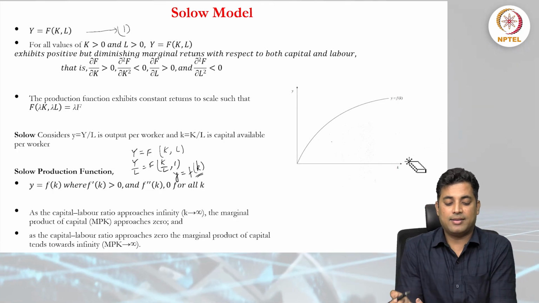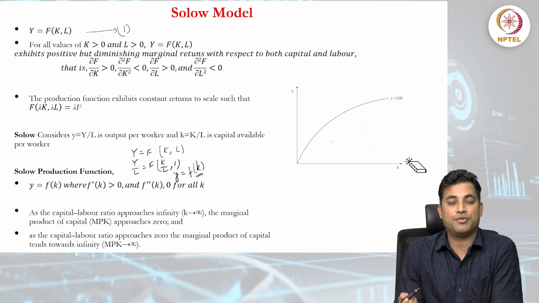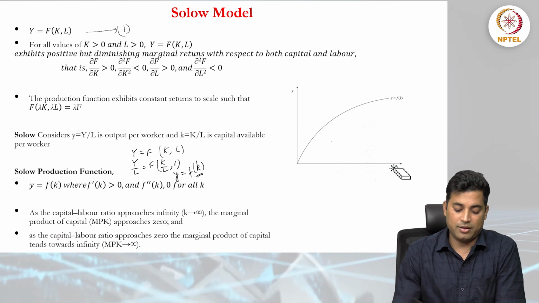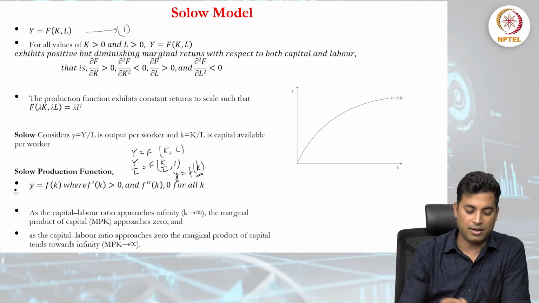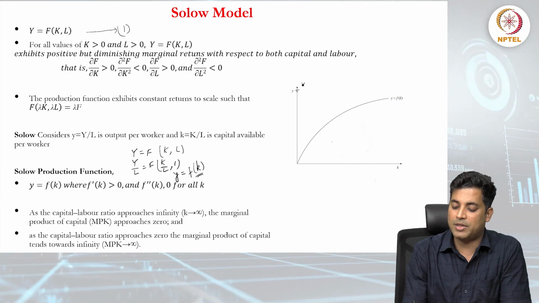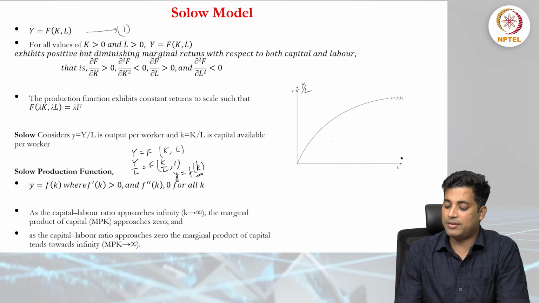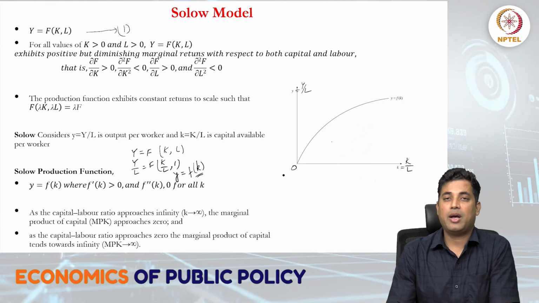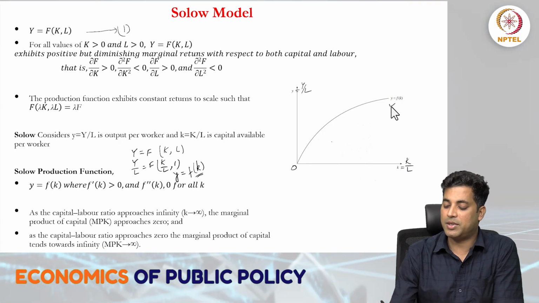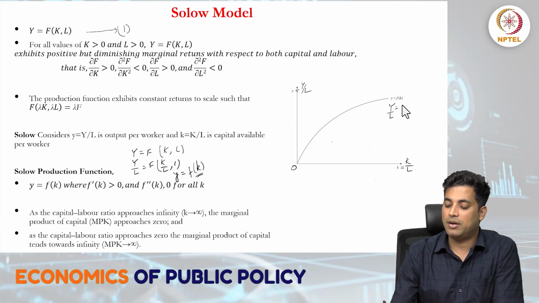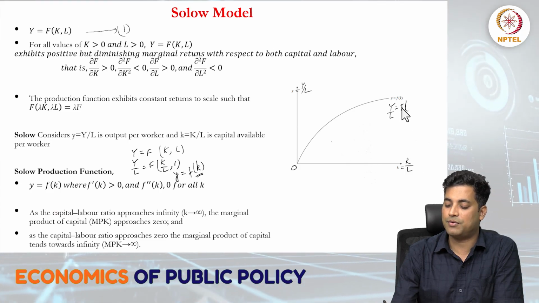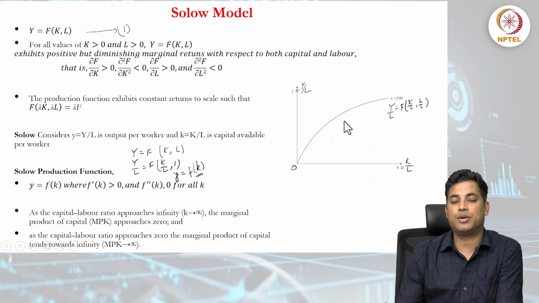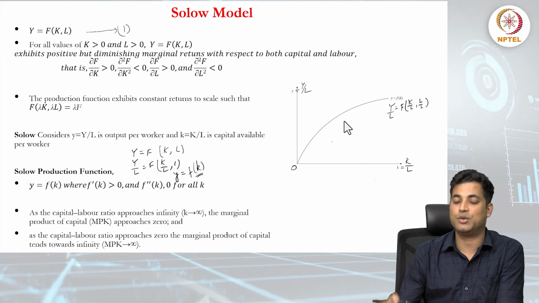As the diminishing marginal returns assumption follows, the production function will be similar to other production functions, but here on the vertical axis we consider small y, which is capital Y by L. On the horizontal axis is small k, which is capital K by L, and here is 0. The production function is capital per worker as a function of K by L and L by L. This is how the total Solow production function looks.